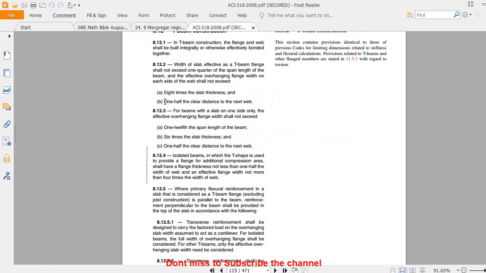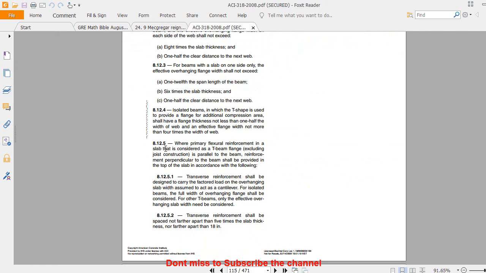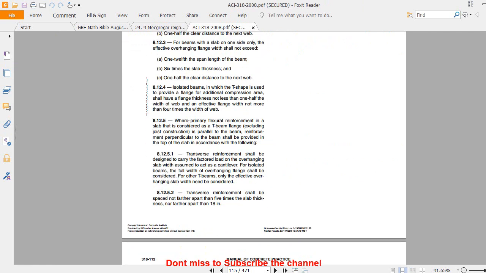8.12.5, this one, where primary flexure reinforcement in a slab that is considered as a T-beam flange, excluding joist construction, is parallel to the beam, reinforcement perpendicular to the beam shall be provided in the top of the slab in accordance with the following.